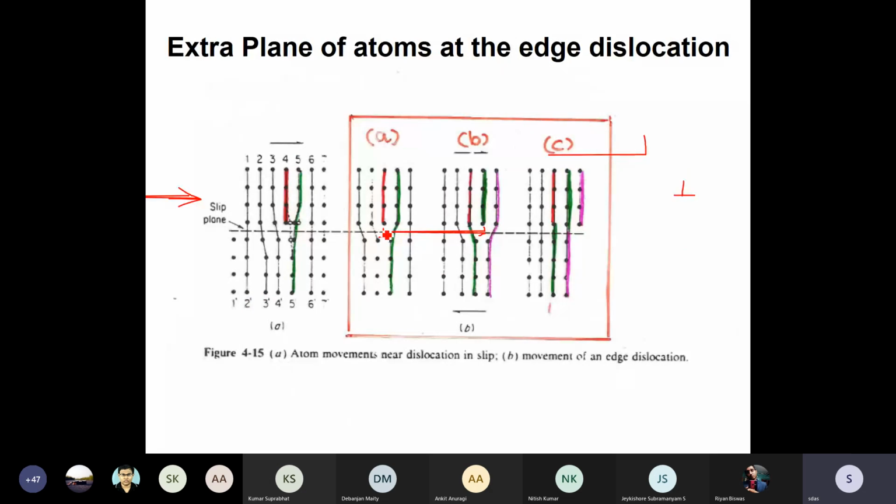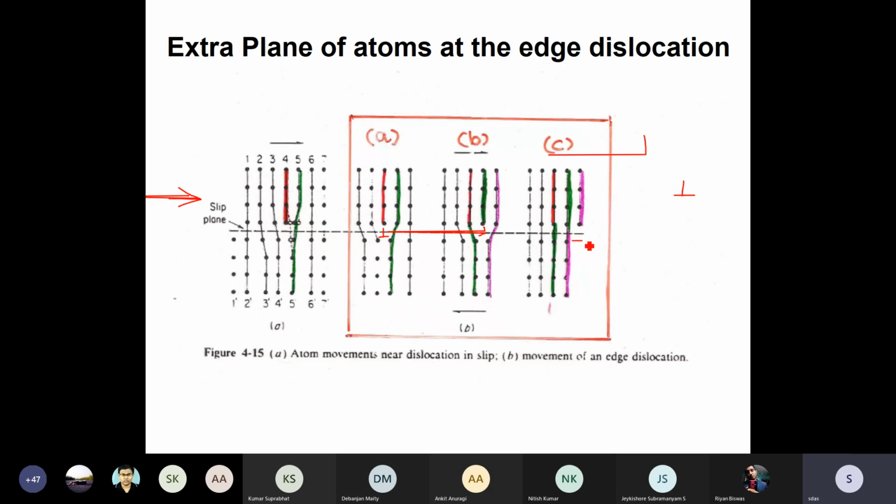you break the bond here, one bond at a time, until the last plane becomes an extra half plane, and the dislocation escapes the sample and reaches the surface, and it creates an offset.